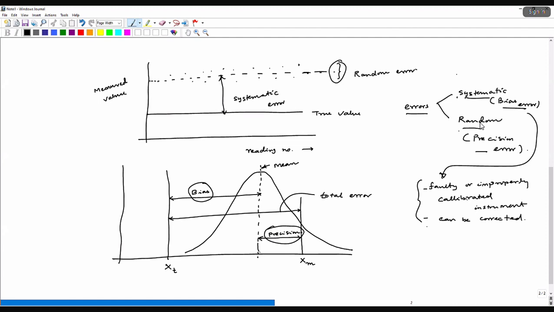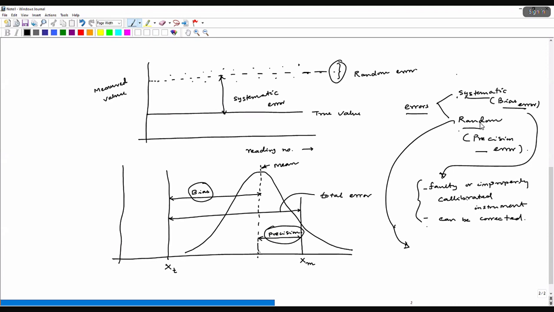Now, what is the source of this random error or precision error? There are different sources. One possible source is some external disturbance. Let's say you are measuring temperature, and suddenly somebody opens the door, right? And hot air comes in.